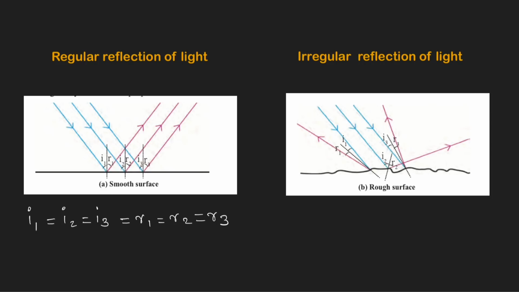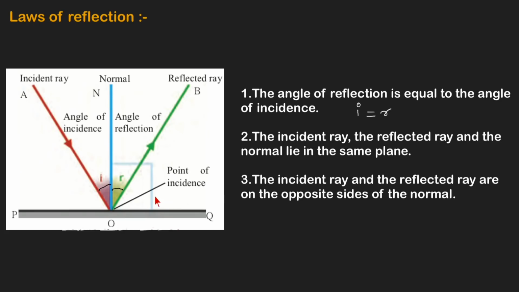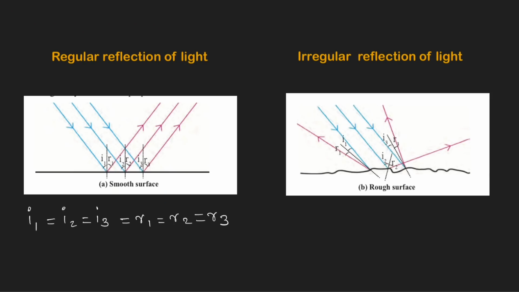When the rays are considered on an irregular shape or rough surface, then we cannot observe the same path of reflected rays. The reflection of light from a rough surface is called irregular reflection of light. In this, the incident rays are parallel, but at the point of incidence, the surface is not plane. Because of that, the reflected rays are not parallel to each other.